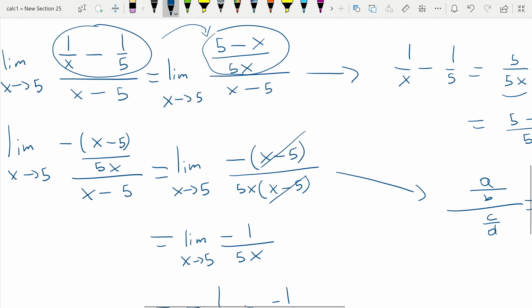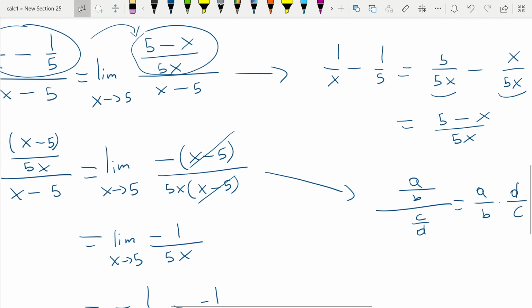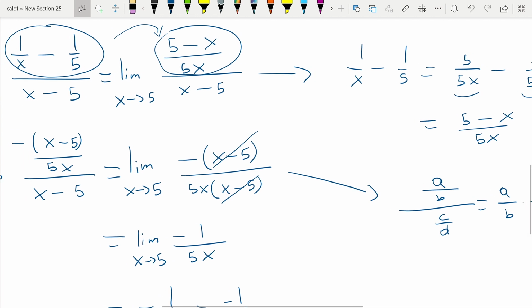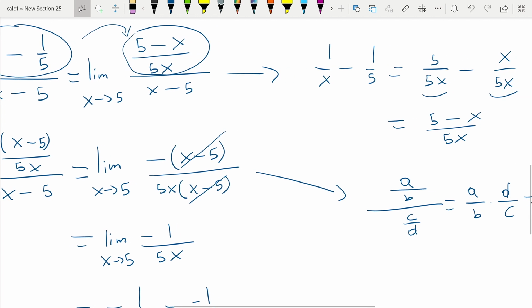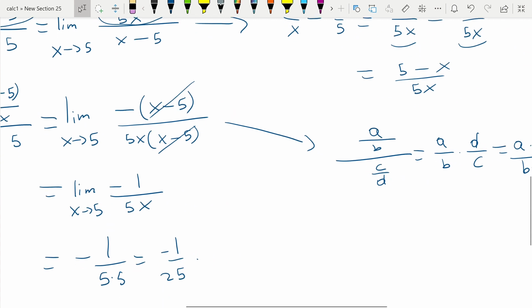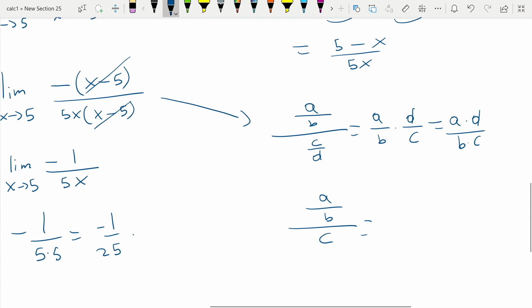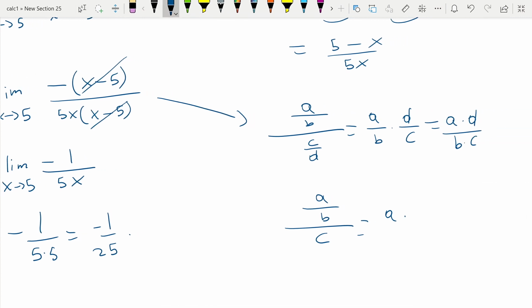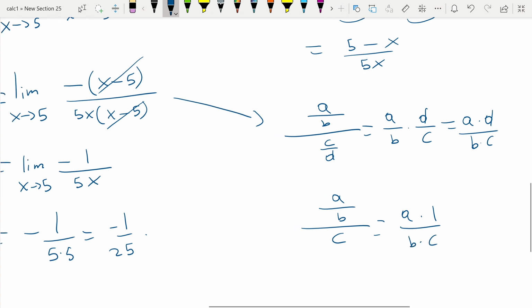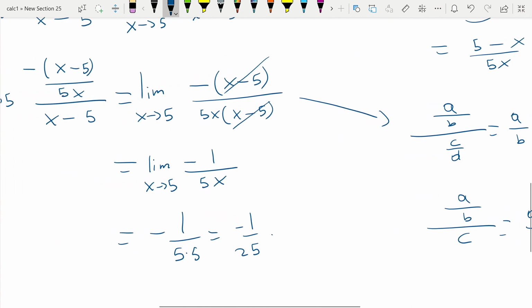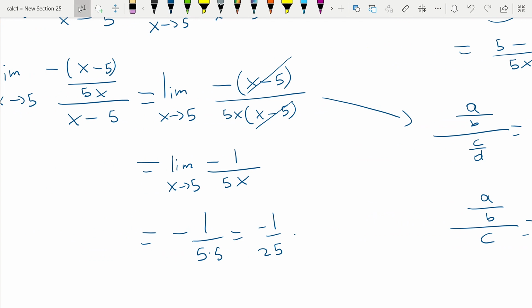This in particular tells us that when d is 1, which is the case here, so you're dividing x minus 5 by 1. If you have a over b divided by c, because c is the same as c divided by 1, this is transformed into a times d, which is 1, over b times c. So this is exactly what we did here.